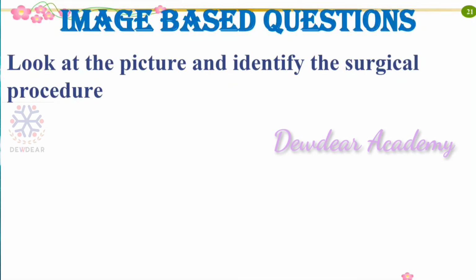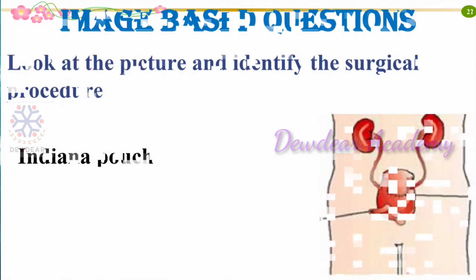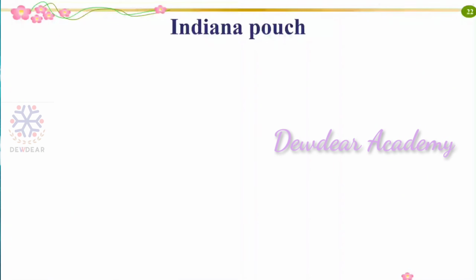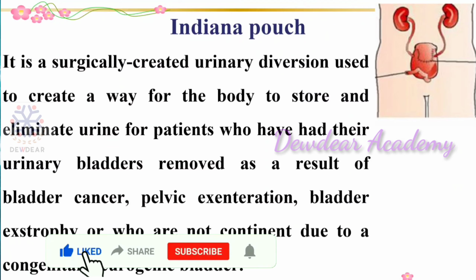Look at the picture and identify the surgical procedure. So what is the surgical procedure given in this picture? The answer is Indiana pouch. What do you mean by Indiana pouch? It is a surgically created urinary diversion used to create a way for the body to store and eliminate urine for patients who have had their urinary bladders removed as a result of bladder cancer, pelvic extension, bladder exstrophy, or who are not continent due to a congenital neurogenic bladder.